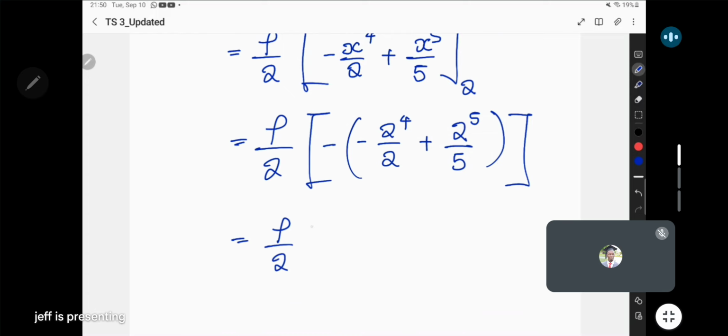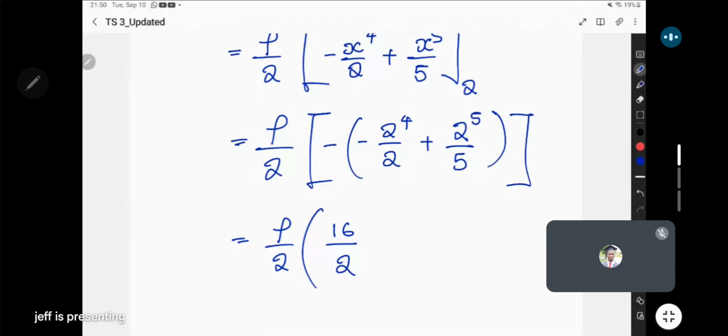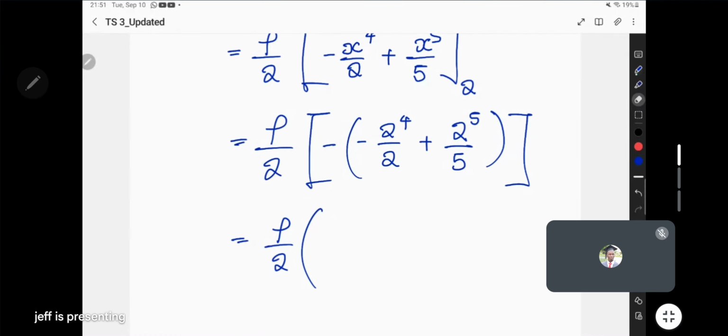And then here, I can remove the negative, distribute it there. 2 to the power 4, I think that is 16. This will be positive 16 when I multiply the negative inside. Positive 16 divided by 2, that will just be 8. So this will reduce to just 8.